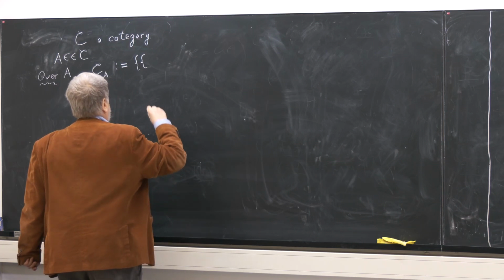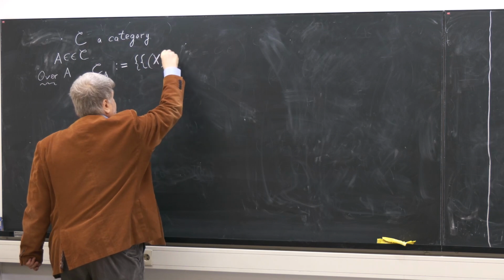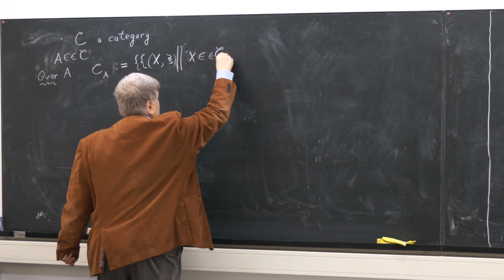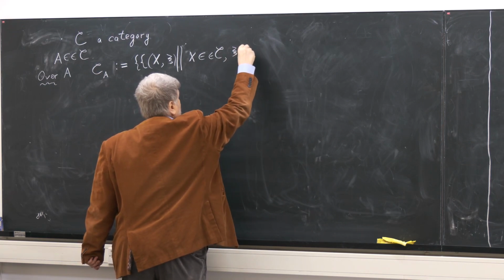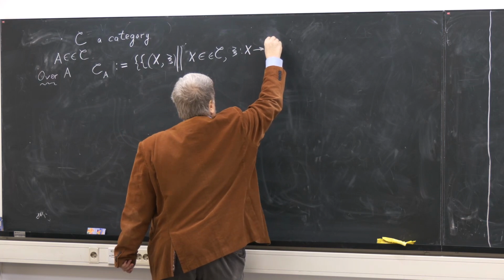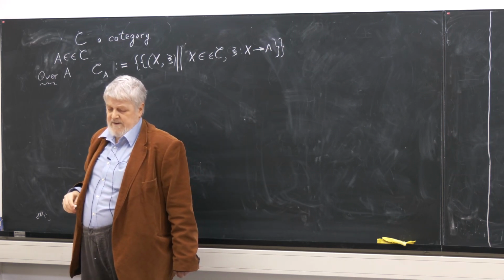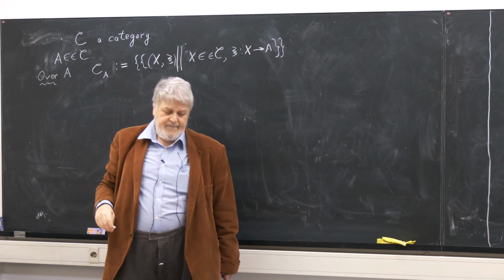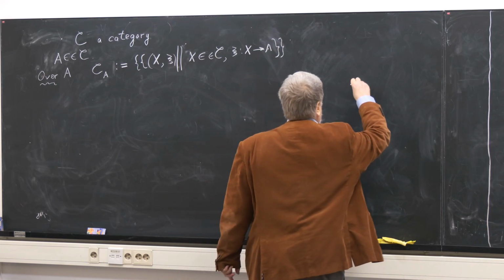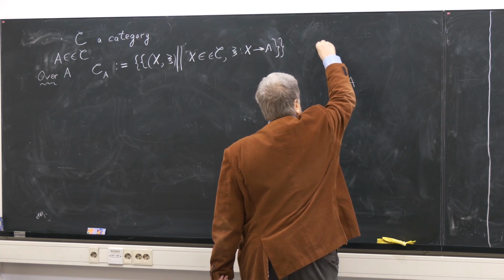So it consists of pairs X and Xi, where X is an object of C and Xi is a morphism from X to A. As usual, we do not define the morphisms explicitly because they are natural in every sense, and here is a non-linear element of this language.